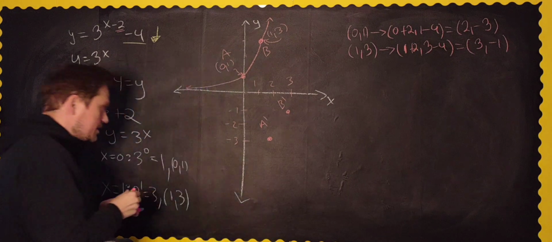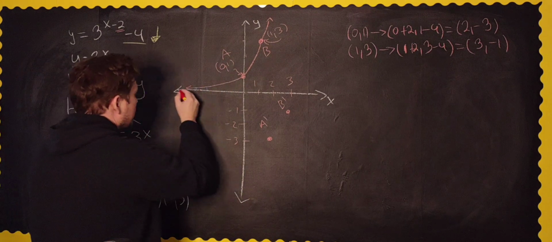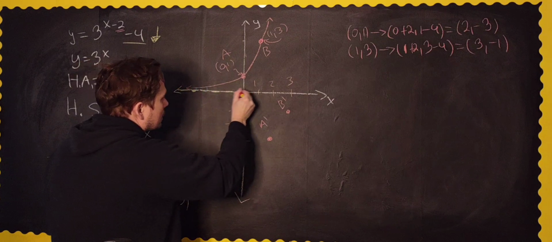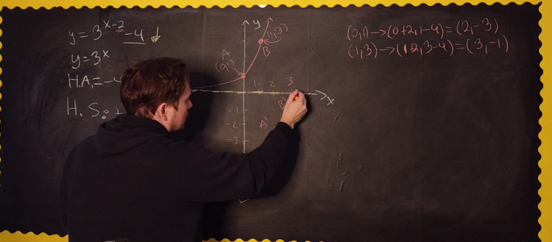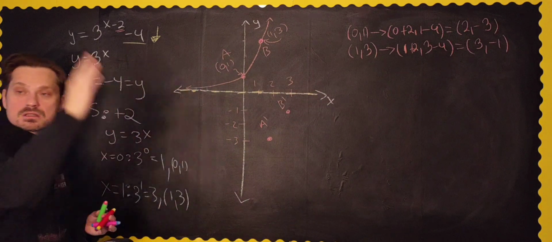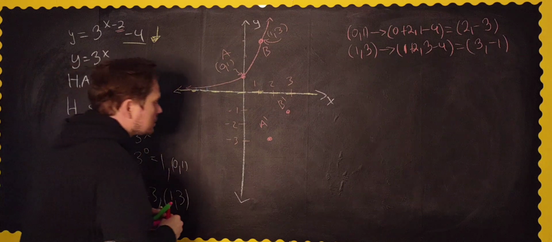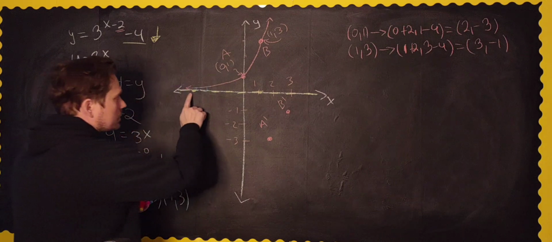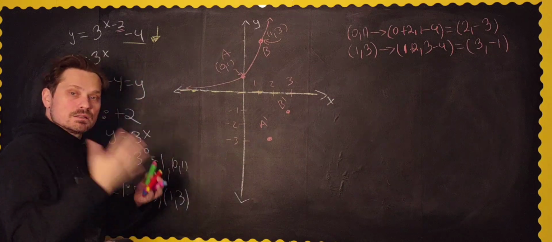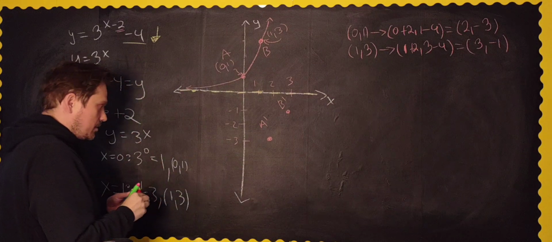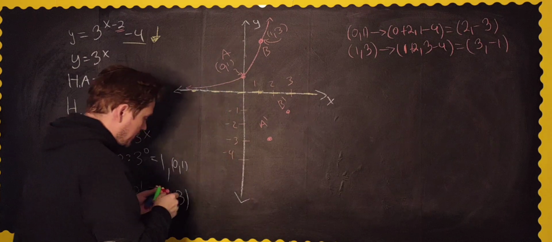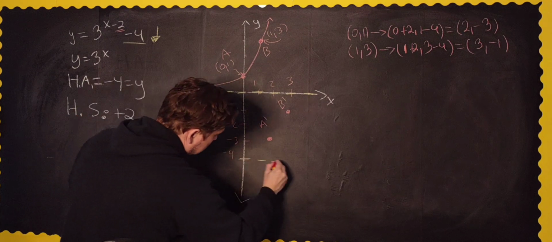And on this graph here in yellow, remember, that represents the horizontal asymptote, okay? Well, the horizontal asymptote also goes straight down by 4 units. Right now, as you can see, it's the x-axis. It's like saying y is equal to 0. So 0 minus 4 is negative 4, which means it goes down to about here. Now the horizontal asymptote is this line right here.